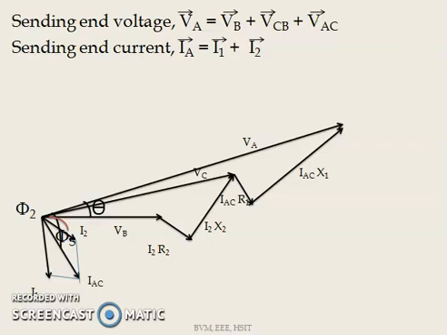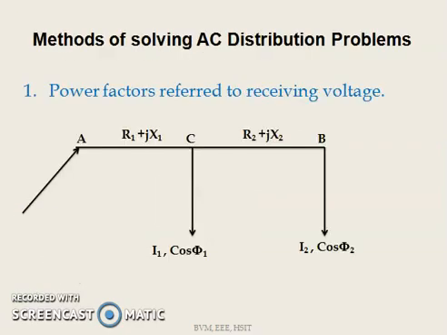When I1 and I2 flow through section AC, there will be a voltage drop in this section. What is that? I1 plus I2 into R1, as well as I1 plus I2 into X1.